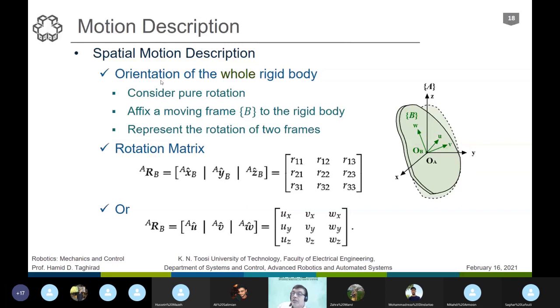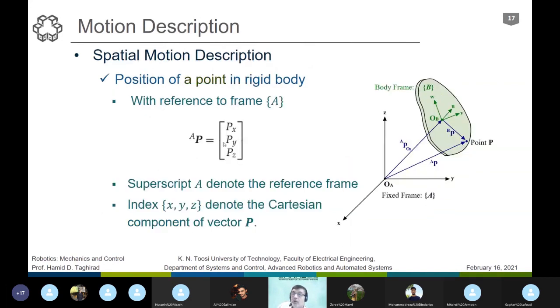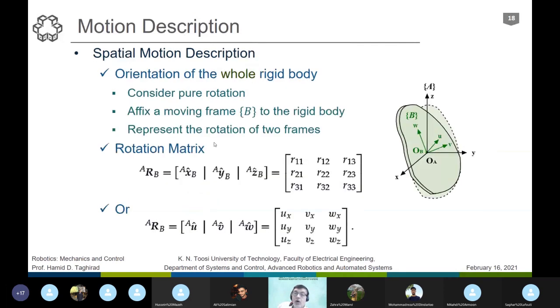Consider the orientation of the whole rigid body. This is very important. The first point is that every single point on the rigid body has its own position vector, so position is point-wise. But for orientation, all the points in the rigid body have only one single orientation.